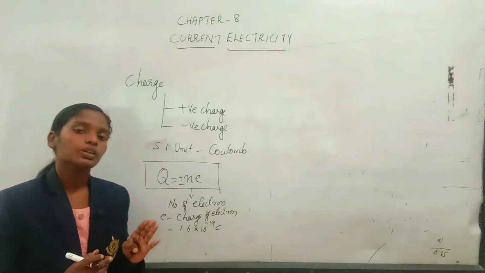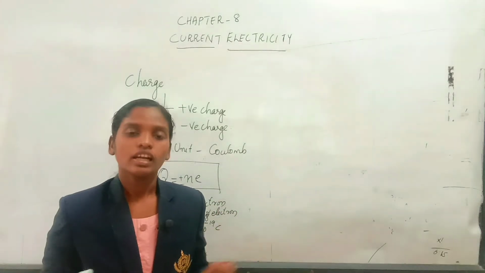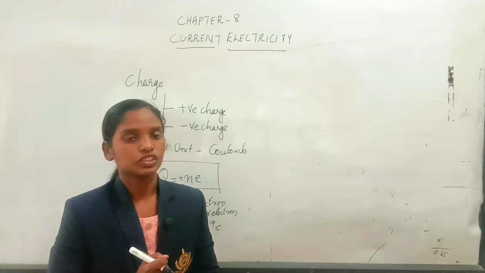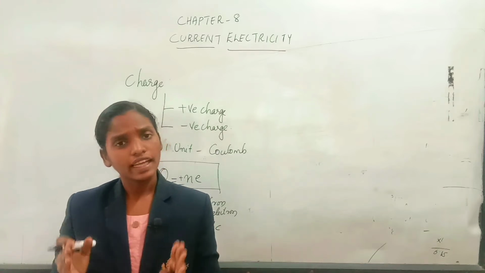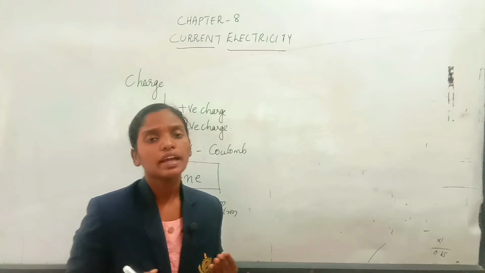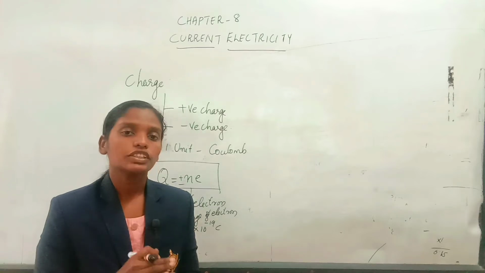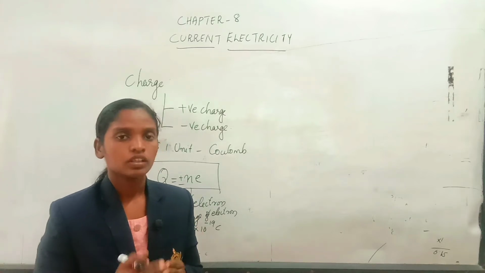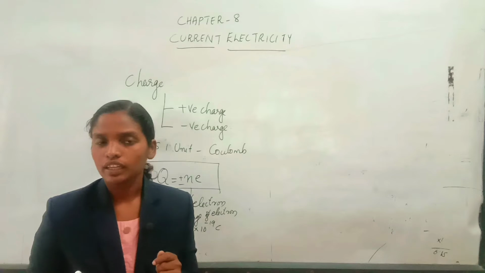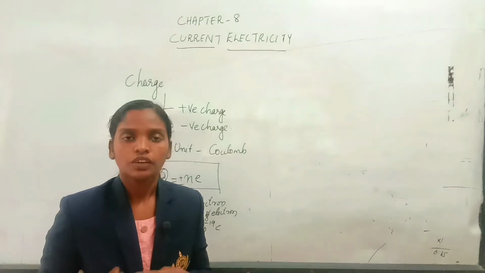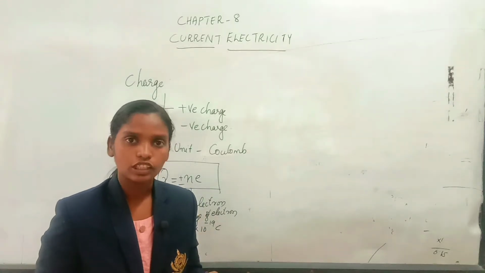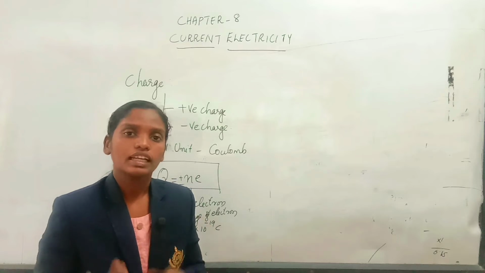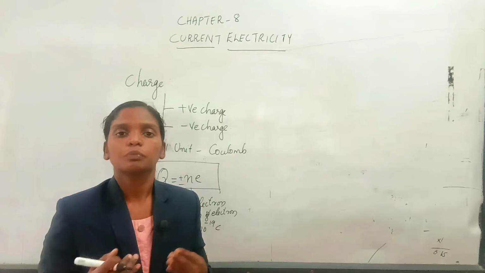Here, when we are dealing with charge, how a body gets electrified depends on the electron flow. If a body has more electrons, we say it is negatively charged, and if it has fewer electrons, we say it is positively charged.